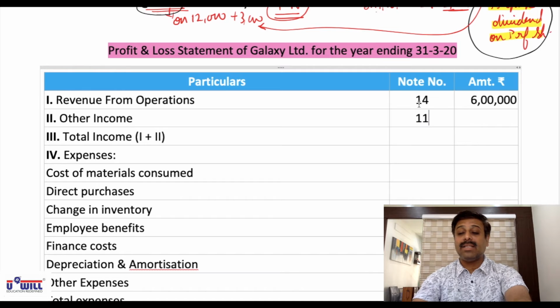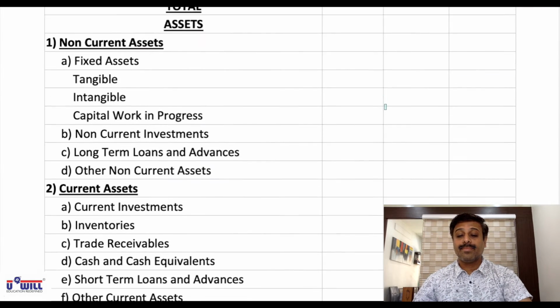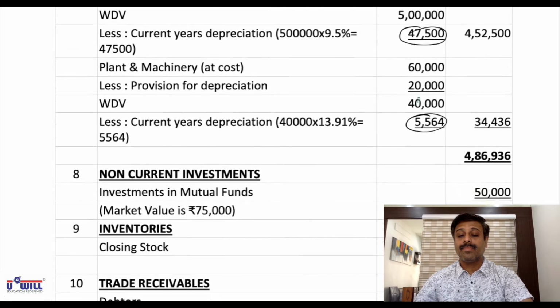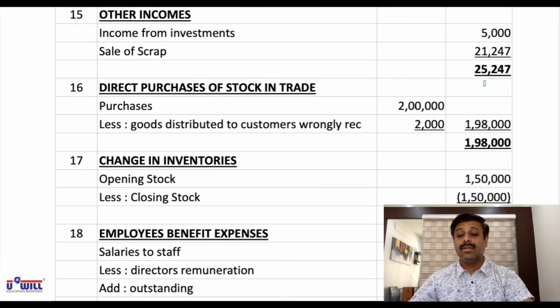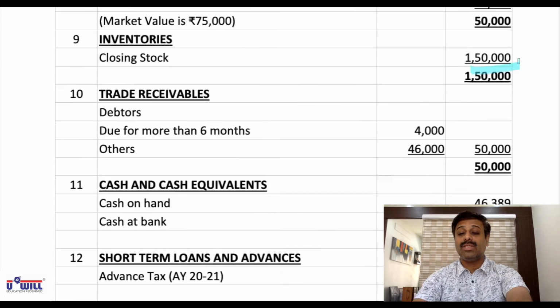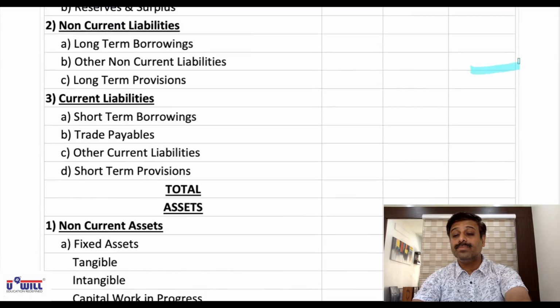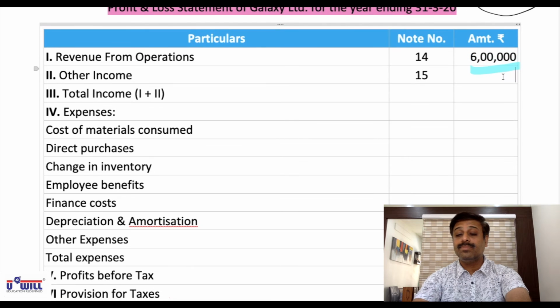Then other incomes as per note number 15, that is 25,247. And total will be 625,247.